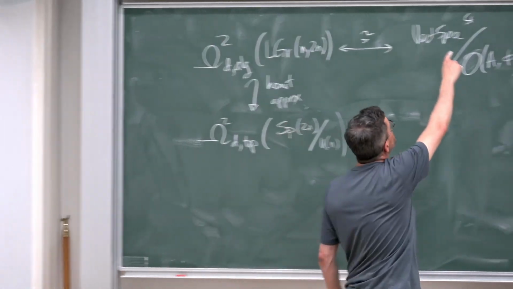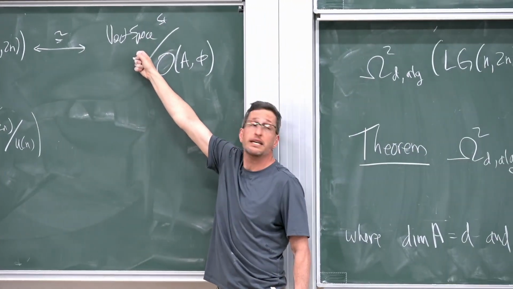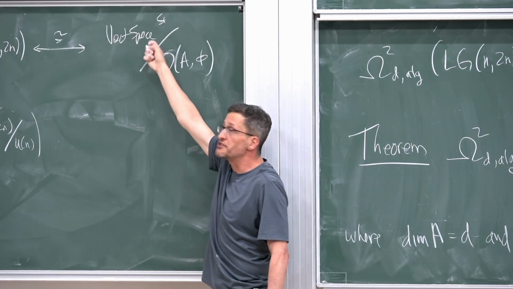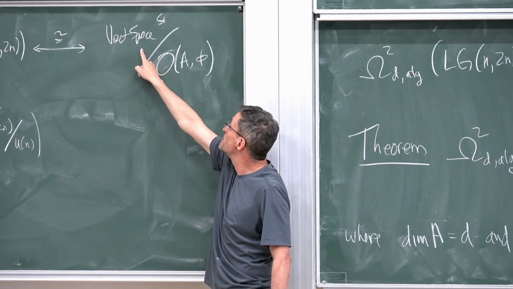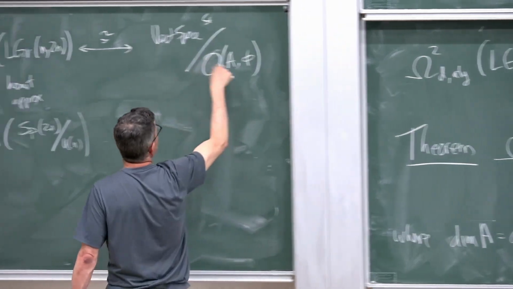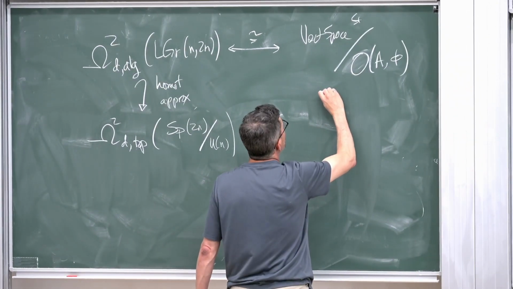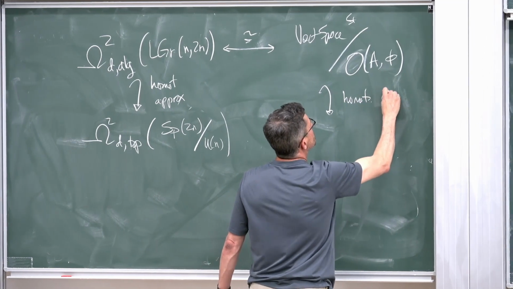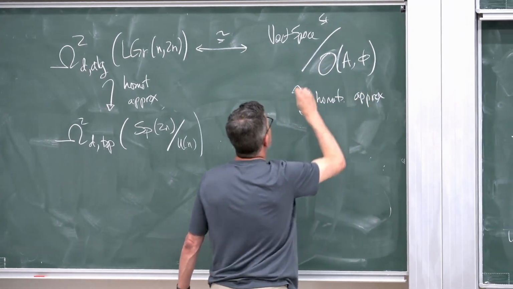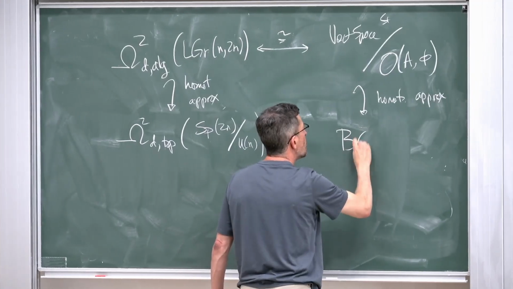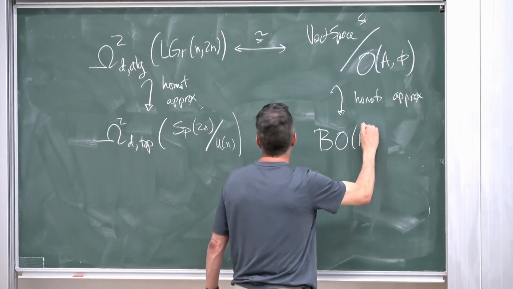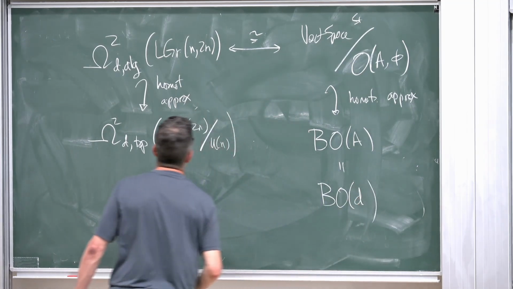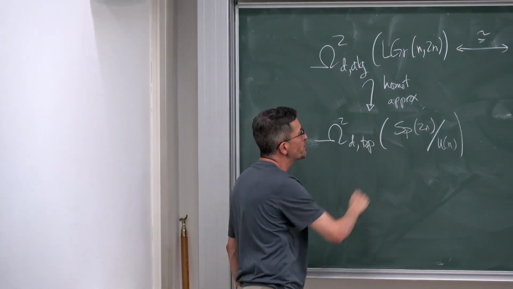And by the same argument as before, you can see explicitly the closed set that you were throwing out here. So this is homotopy approximate to just the quotient of the vector space by this group. So this is a homotopy approximation with BO, so this guy is BOD, and this is loop to SPN.